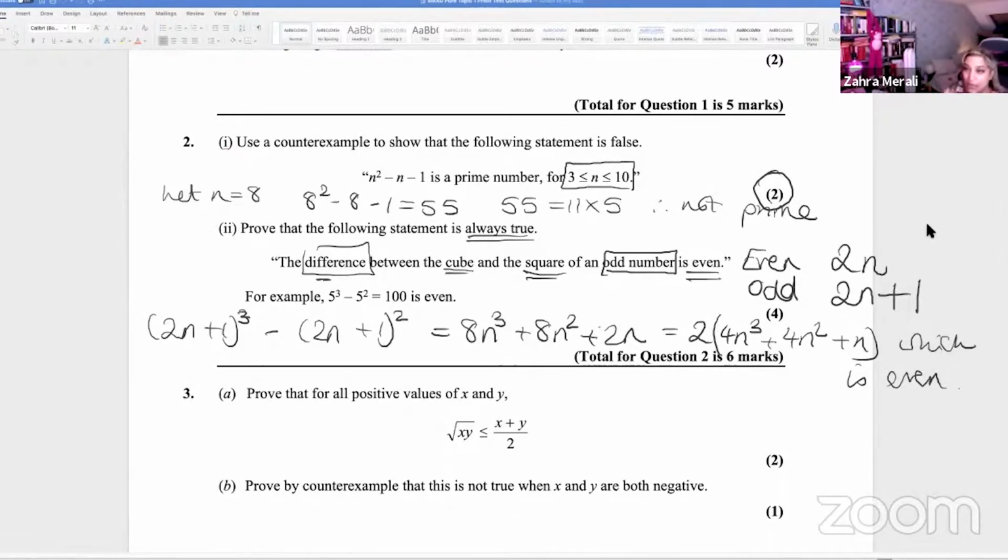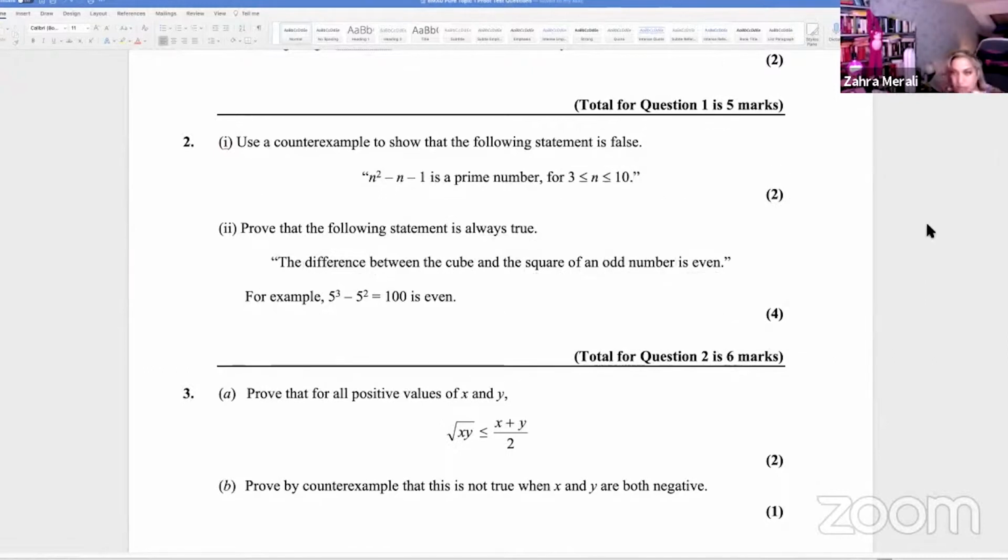That should make sense. However, if you prefer and you're happy with even times even, odd times odd, etc., you could think about it like this. You could say, let odd number be n, and we've got n cubed minus n squared.